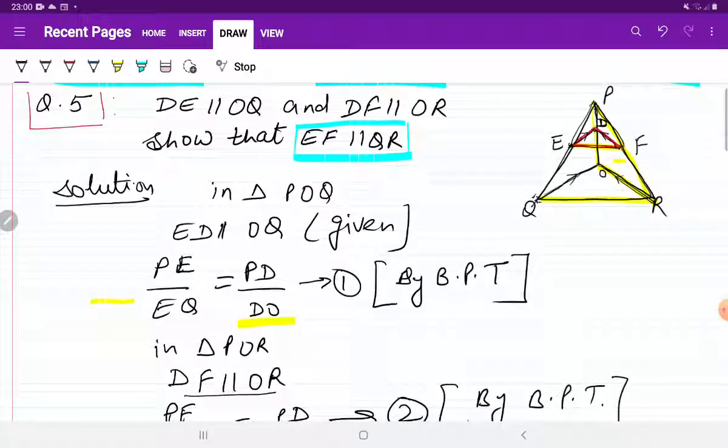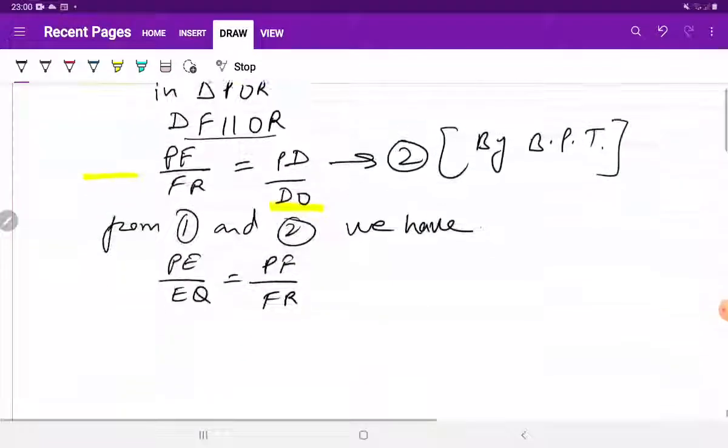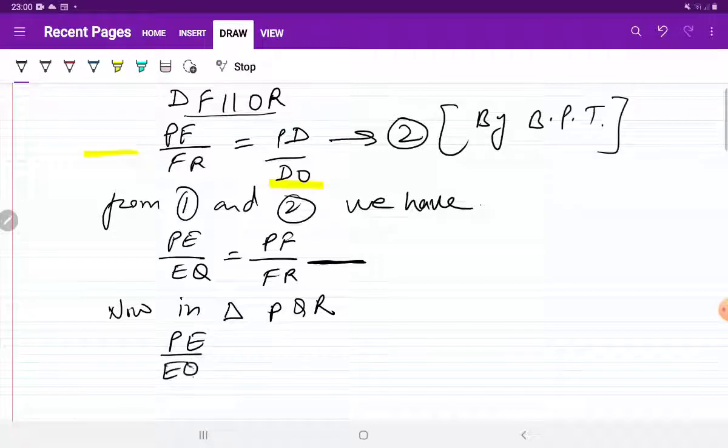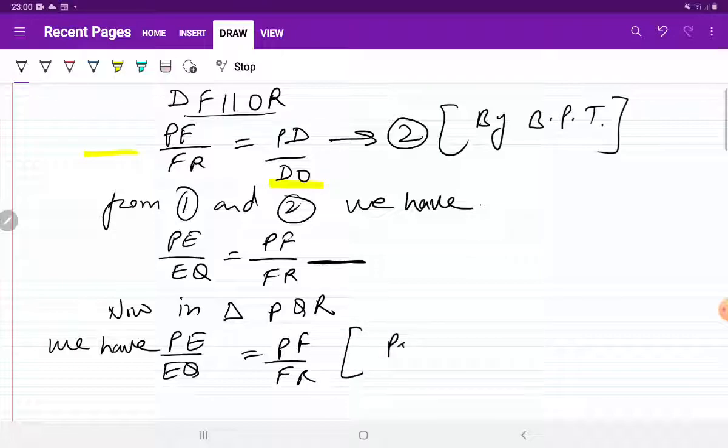Now come to the full triangle, triangle PQR. We are using the result we got: PE upon EQ is equal to PF upon FR. Why? Proved above. You can give the reason here: proved above by the result of the basic proportionality theorem.